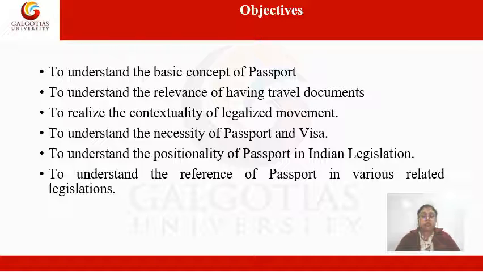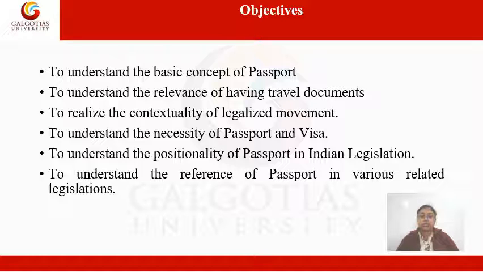Then to realize the contextuality of the legalized movement, because as I have said in the previous objective, there is something called legalized movement and there is something called unlegalized or illegalized movement rather. When we are talking about a particular movement from one country to another, when we are crossing the borders, we need to understand that the movement should be legalized, and movement can only be legalized when it is accompanied with legal travel documents.